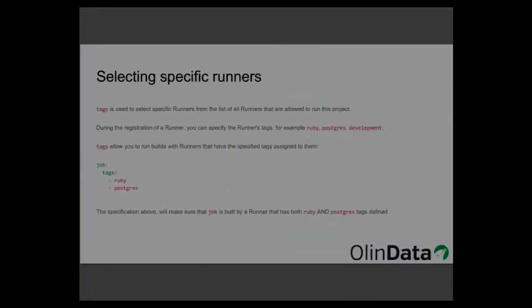Selecting specific runners: you can use tags in a job to make sure that a job only runs on a specific runner.